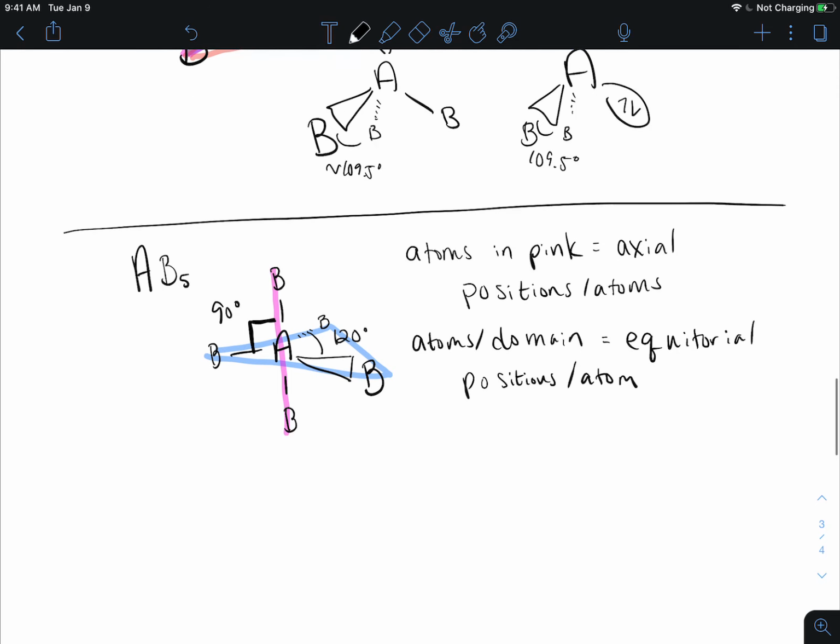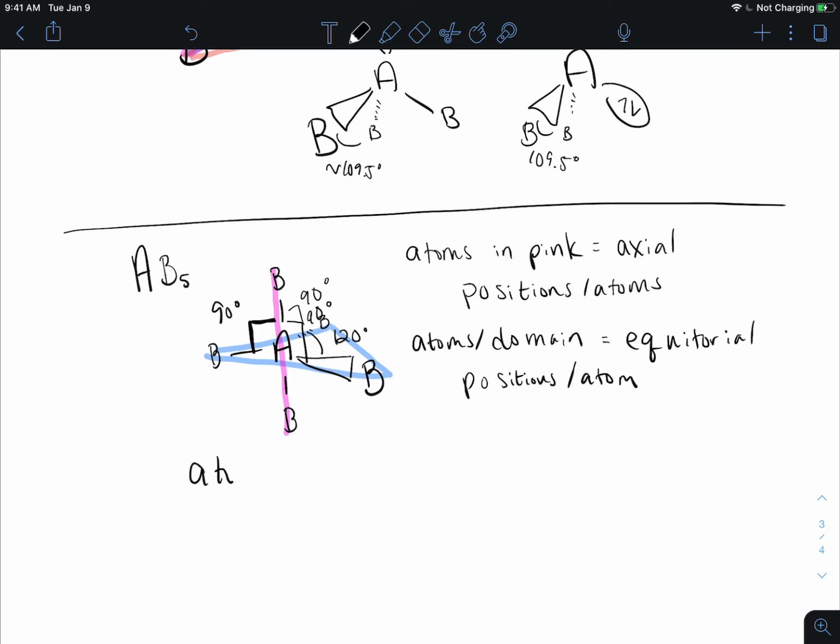Now, hopefully we see that if we've got an atom, sorry, let's actually put it right here. If we have an atom in an axial position, it is going to be 90 degrees from 3 atoms.